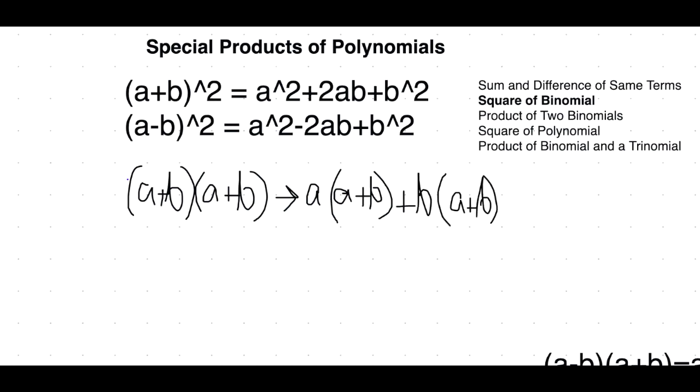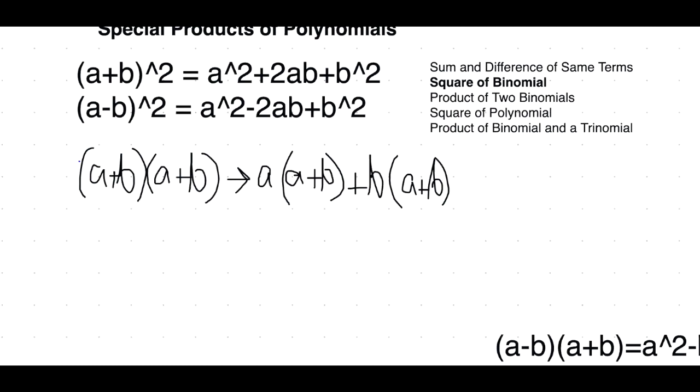So now we can multiply the terms. So A times A, that's equal to A squared. A times B, that's equal to AB.